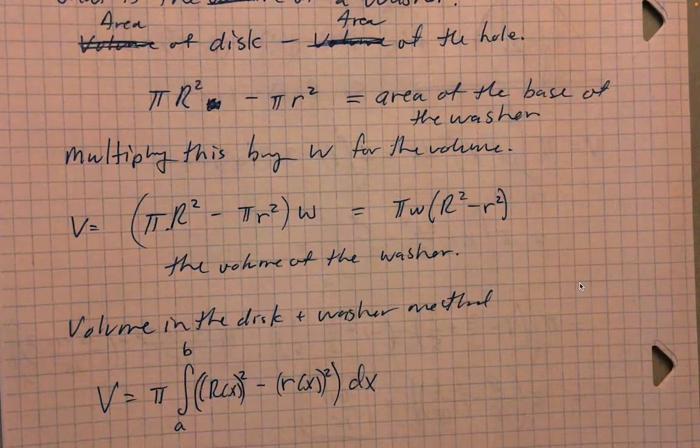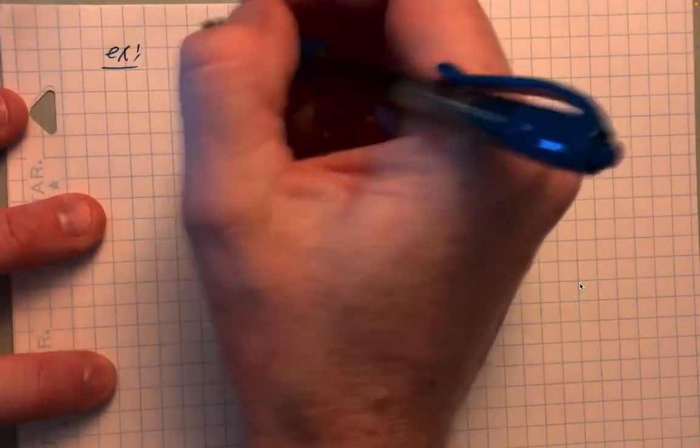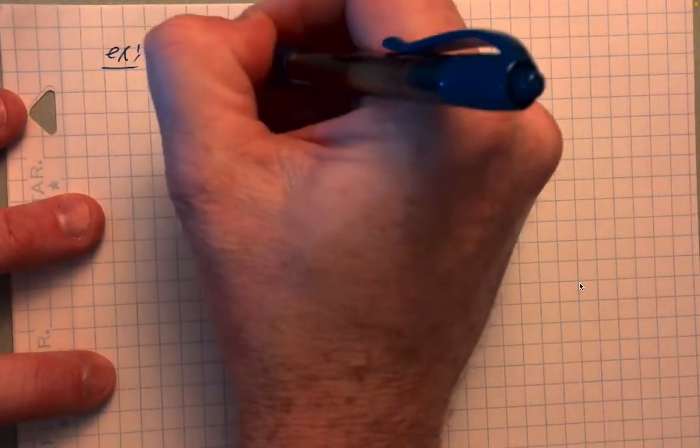All right, so let's do a few examples making use of this. This allows us to do very complicated shapes, actually. Let's start with this shape here. I'm going to write the problem out.